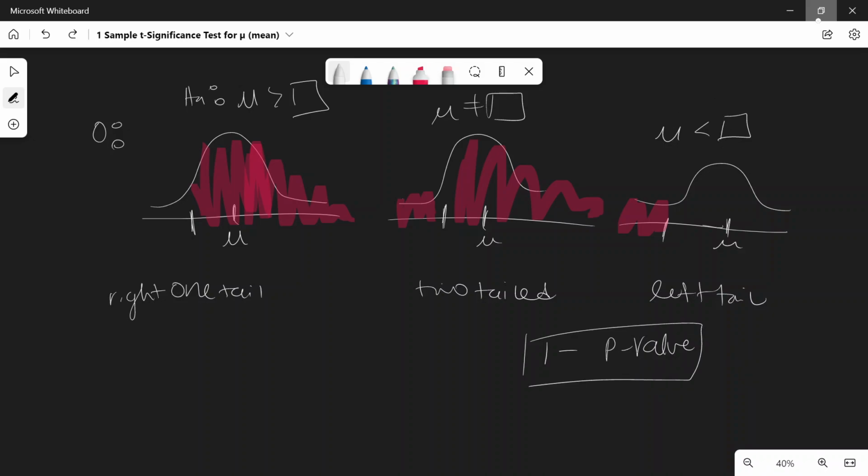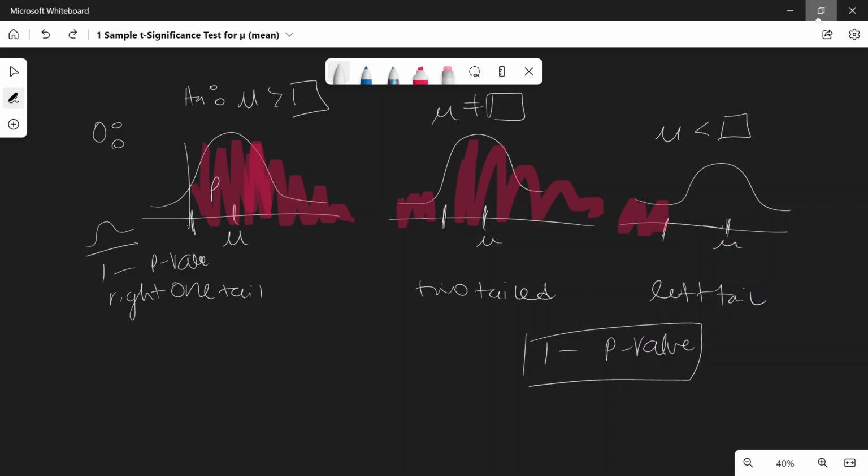Because it calculates p-value only for greater than. And I did account for the condition of 2 tails, but I didn't account for the condition of less than. So when it's less than, I have to do 1 minus the pink. 1 is basically the whole thing, and the pink, which is the probability value, is what it calculates.